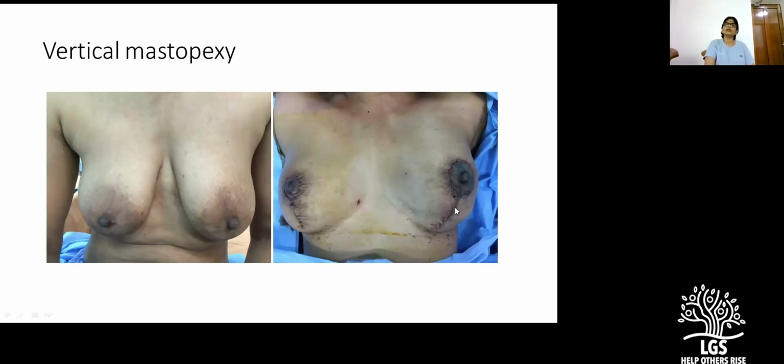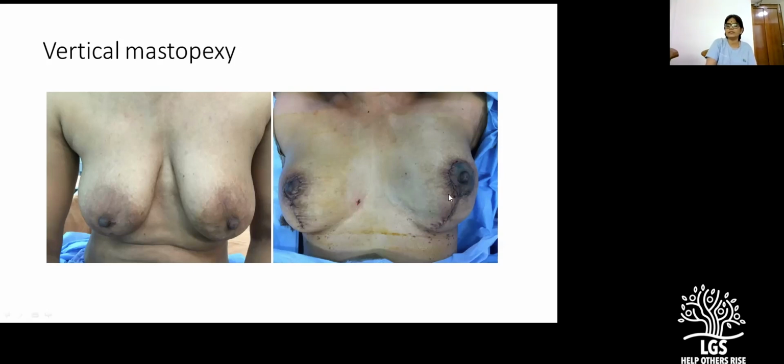So she had a vertical reduction, and with that technique, I removed the 6 o'clock position, the area of calcifications, which was wire guided. That was the specimen X-ray I showed earlier. And this is the result. She gets a breast lift as well as a good conservation. This is a technique that we use, called vertical mammoplasty.